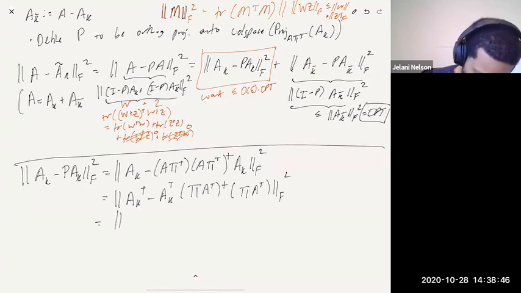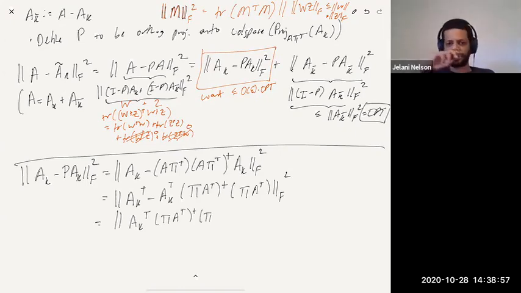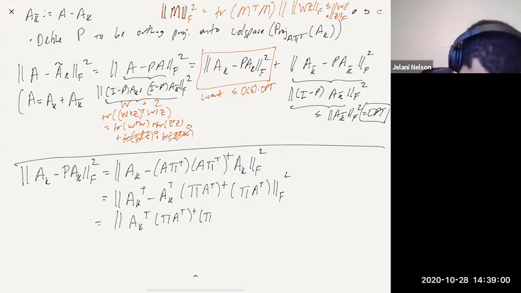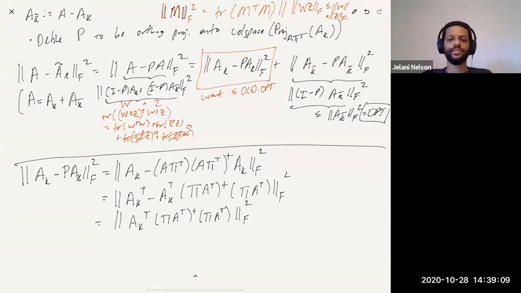And let me just take the negative on the inside. That doesn't change the Frobenius norm. That's equal to the Frobenius norm squared of AK transpose pi A transpose pseudo inverse pi A transpose minus AK transpose. I'm missing a minus sign there.